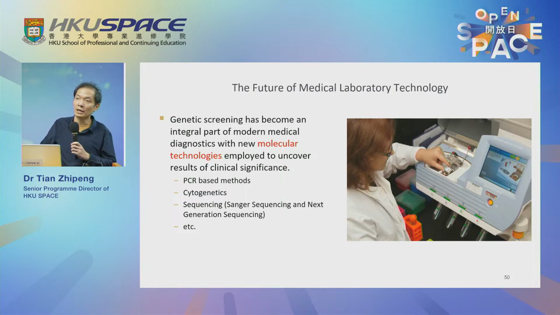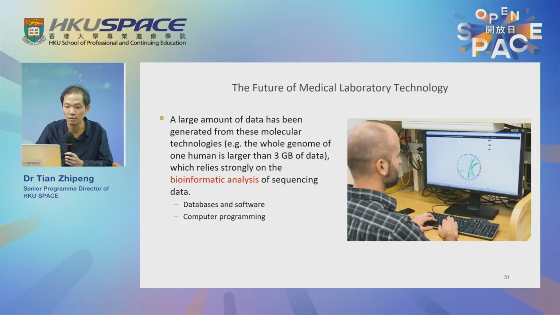Those technologies are good because they provide a very large amount of information, giving more evidence for doctors to make decisions. However, as we get a large amount of data, it's also very difficult to analyze or to pick up the most useful information.